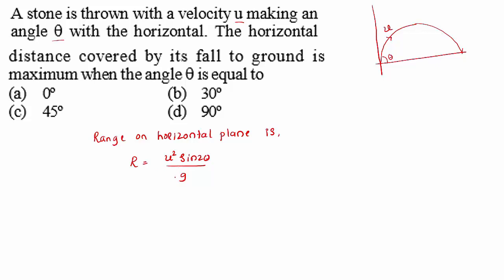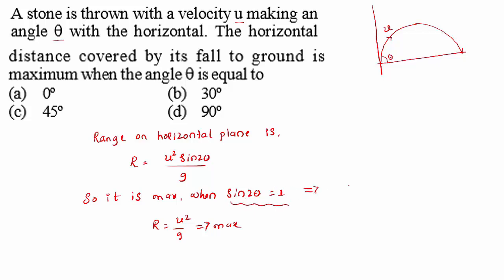So the range on a horizontal plane is maximum. Observe the equation. It is maximum when sine 2 theta equal to 1. So when sine 2 theta is equal to 1, then we will get R equal to u square by g and this will be maximum. But here at what angle is it maximum? We have to find the value of theta here. Sine 2 theta equal to 1.